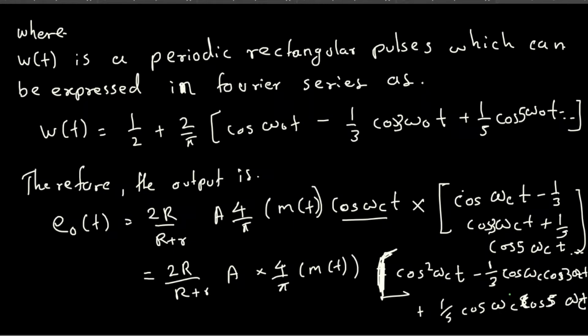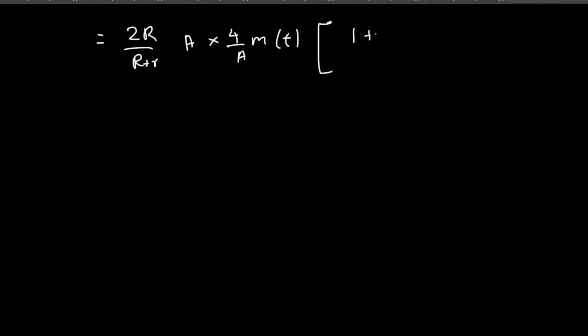It's going to go forever like that, and then we can simplify this further. That is equal to 2R over R plus R, A times m of t times (1 plus cos 2 omega c t) divided by 2, minus 1 over 3 cos omega c t cos 3 omega c t, and so on.